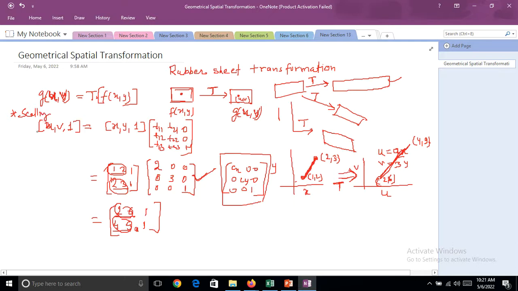Now next is translate. In translating our operator T, we shall have like this.